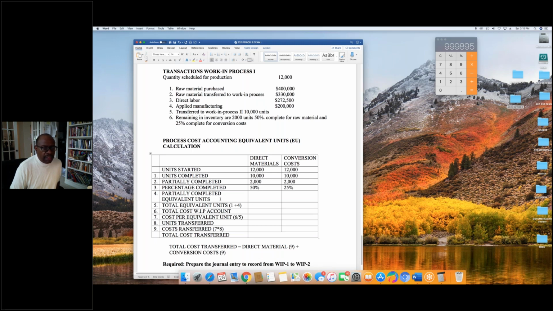And so partially equivalent units, we simply multiply this percentage on line 4 times the quantity on line 3.